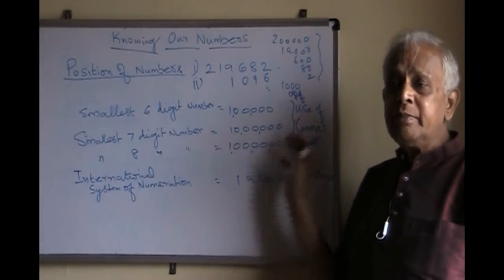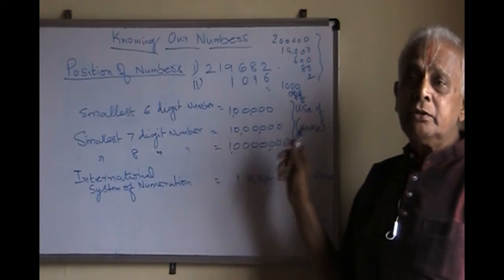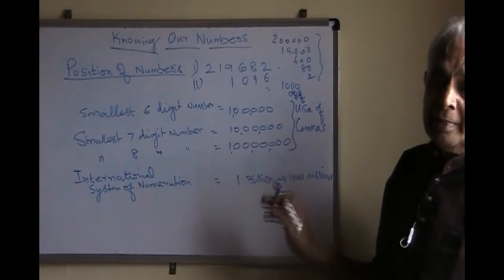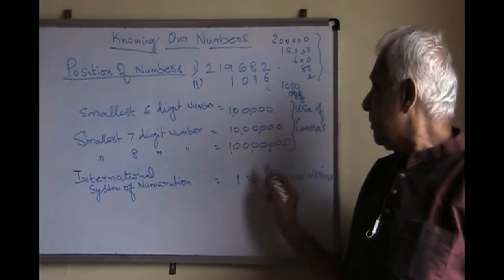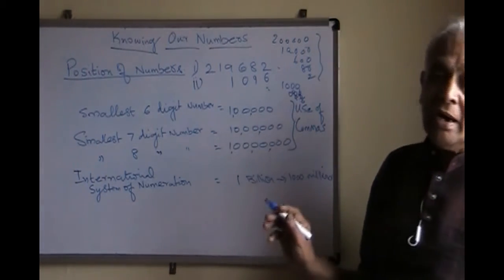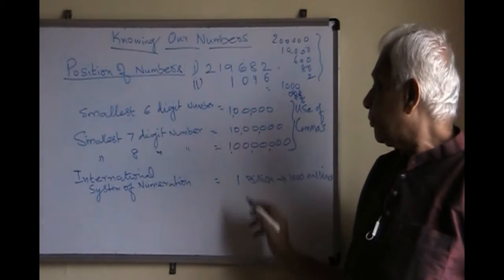And how are these numbers bifurcated to make them understood? In the Indian system, the numbers are marked with commas in appropriate places.